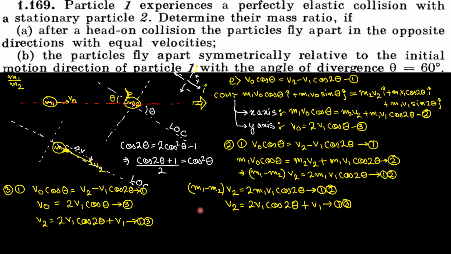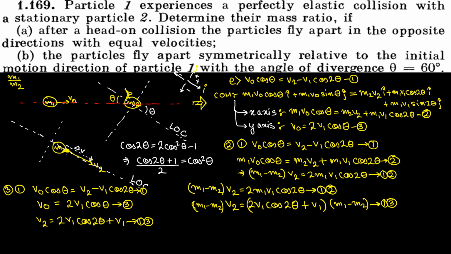Okay, in the bottom equation, if I multiply the left hand side and right hand side by m1 minus m2, I can easily say that m1 minus m2 into v2. So this value should be equal to this value, isn't it?